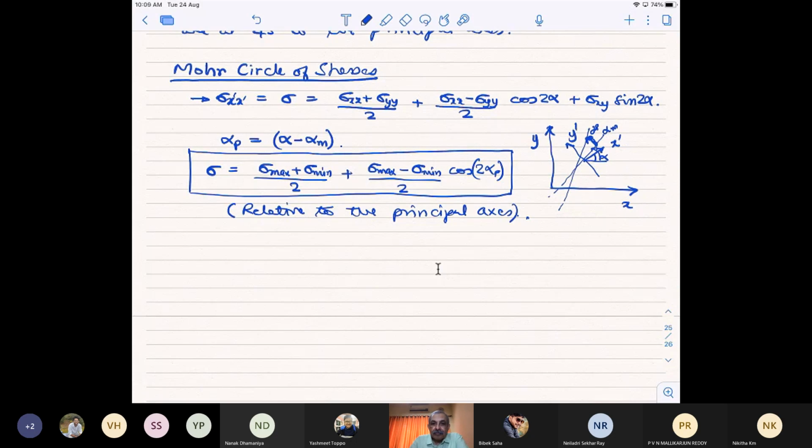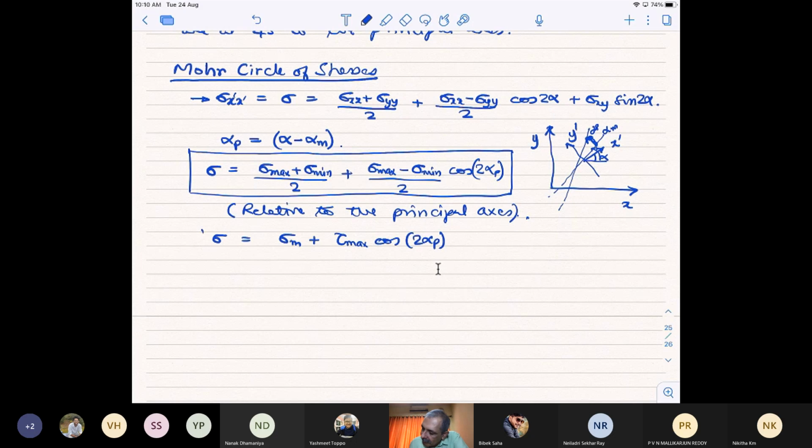And in fact, very often we will redefine these, sigma, just as a short form, as sigma m, which is the mean stress, and this we'll call tau max, and we'll show that this is in fact the maximum shear stress, times cos of 2 alpha p.